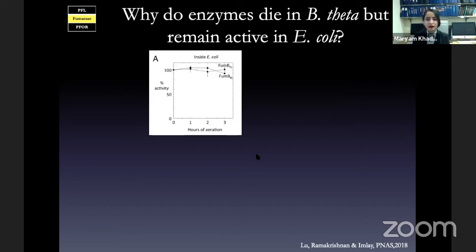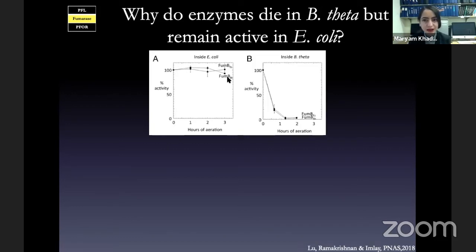If the enzymes, B-theta fumarase or E. coli fumarase, are in E. coli, they both stay active for 3 hours. Okay. And if they are expressed in B-theta, both of them lose activity within an hour.